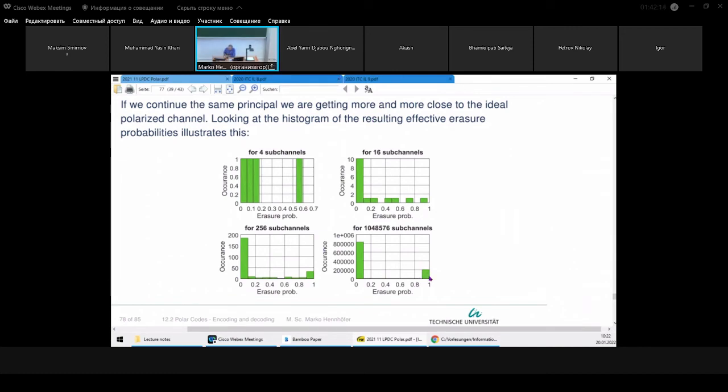Obviously we have some useless channels, but as I said, this is due to the limited channel capacity, so we cannot transmit with unlimited information rate. This is the constraint on channel capacity from the noisy underlying channel. So this is why we need to come up with an assignment of bits on the good channels and on the bad channels. Not sure if I got the question correctly. Repeat it.